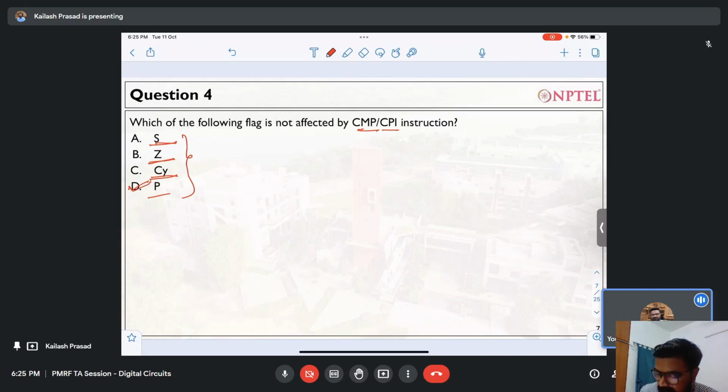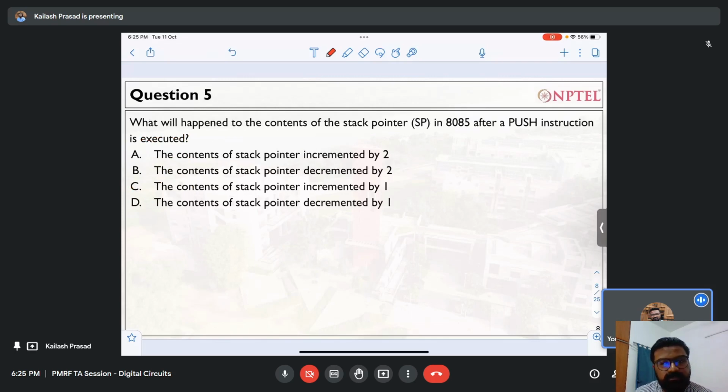Moving to the next question, question number 5. Please understand this question. What will happen to the content of the stack pointer in 8085 after a push instruction is executed? I can write PUSH B, so push also works with a register pair. If I write PUSH B, what will happen?